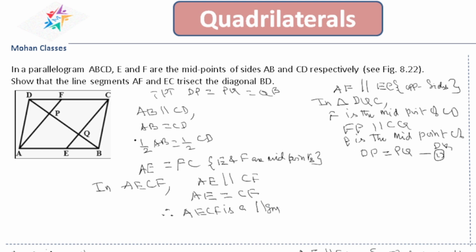Similarly, in triangle APB, this triangle you will take. The same. E is the midpoint of AB, right? Therefore, EQ parallel to AP.